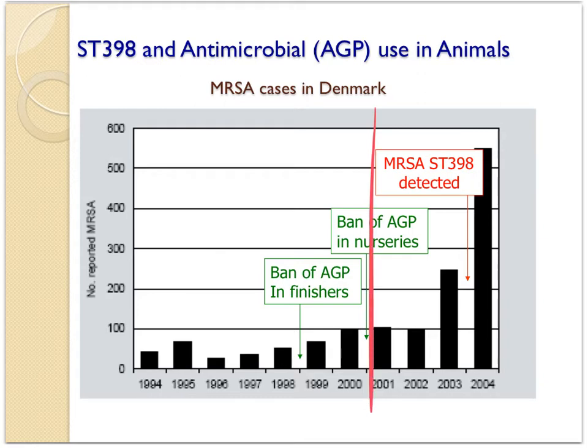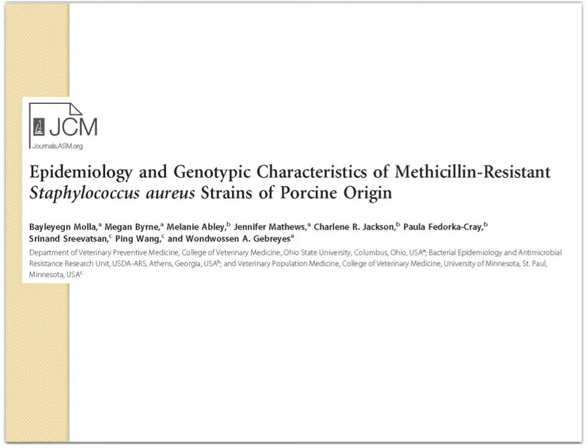Denmark stopped in finishers later on in nursery, but this was detected in 2004, even after that. I don't think there is any relationship between the two, but if anyone wants to relate it, it's reversed. Antibiotics were withdrawn, and this ST398 emerged. There must be lots of other things to do with it, but again, this is not the main goal for this particular presentation.